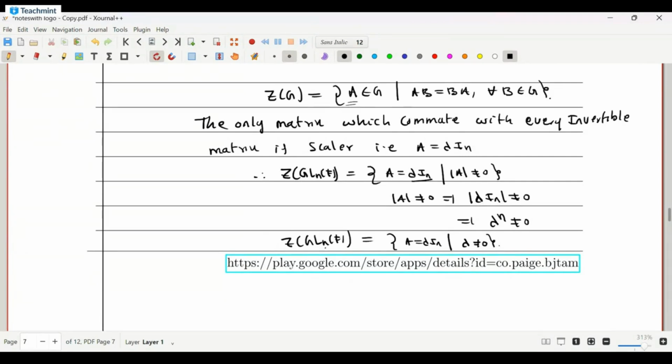So if n is equal to 1, take F equal to R. Then Z of GLn of R is equal to the set of A equal to lambda In such that lambda is non-zero. If n is equal to 1, then A is equal to lambda such that lambda is not equal to 0. Lambda is a non-zero value, that means non-zero real numbers. So what is its cardinality? Infinity.